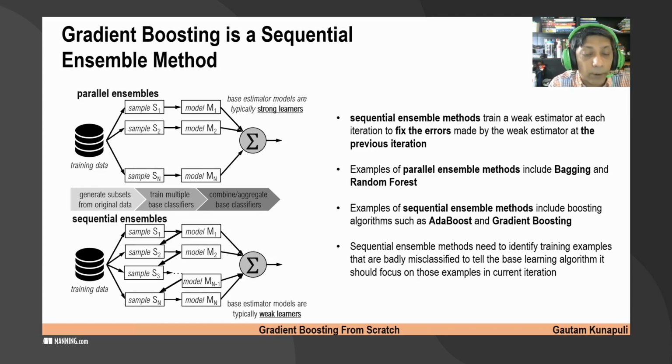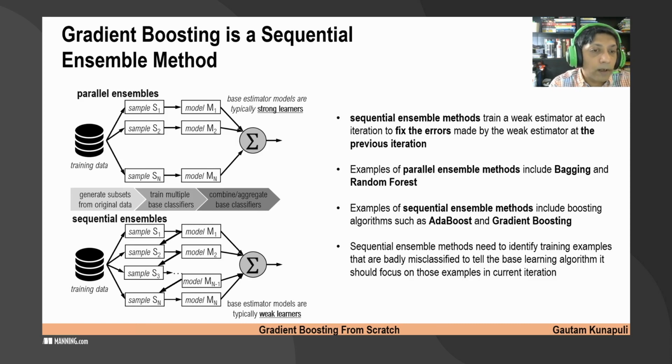So the key for sequential ensembles that we want to keep in mind is that every time they train a model, they do so to basically fix the mistakes that have been made by the previous model. And the other thing you want to keep in mind when it comes to these kinds of sequential ensembles, such as gradient boosting and AdaBoost, is that the base estimators, these models that you're training in every iteration, are typically weak learners. So a weak learner, in contrast to a strong learner, is basically a machine learning model that is not overly complex, that achieves, you know, reasonable performance.